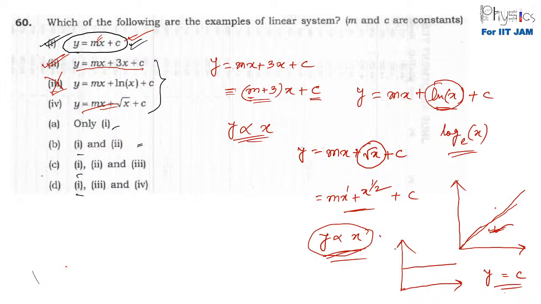But here it gives us y equals mx plus x to the power half plus c. That means it will not give us a linear system. So option B is our correct answer, that is, 1 and 2. Shaguto and Maulaya, both are correct.